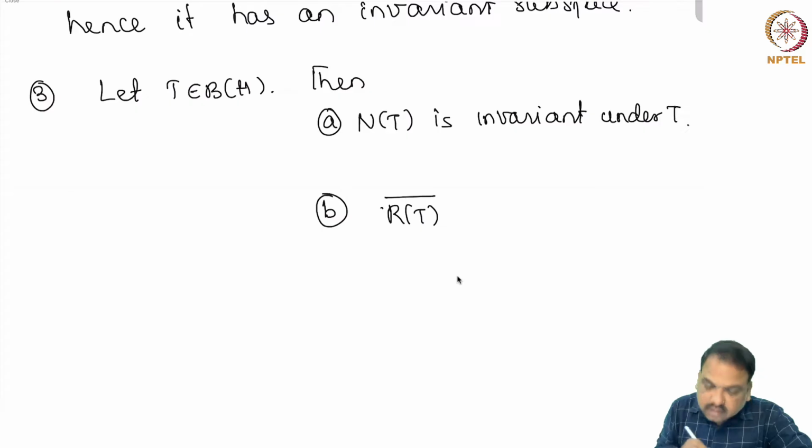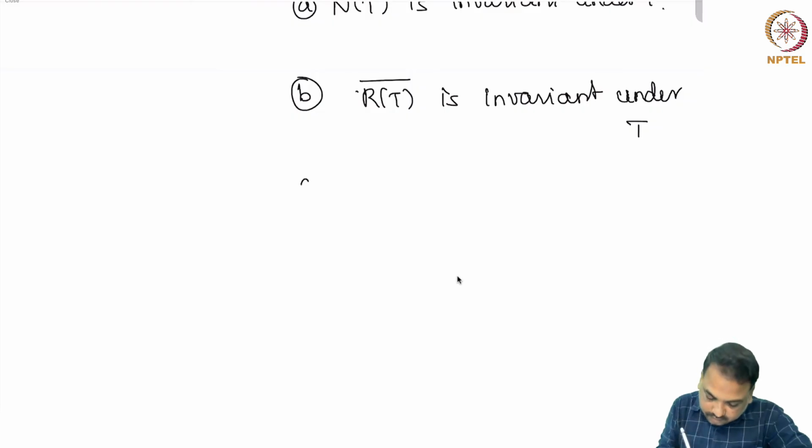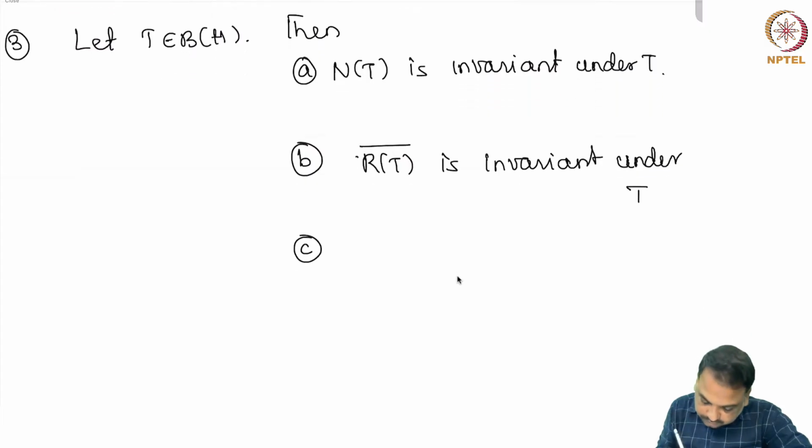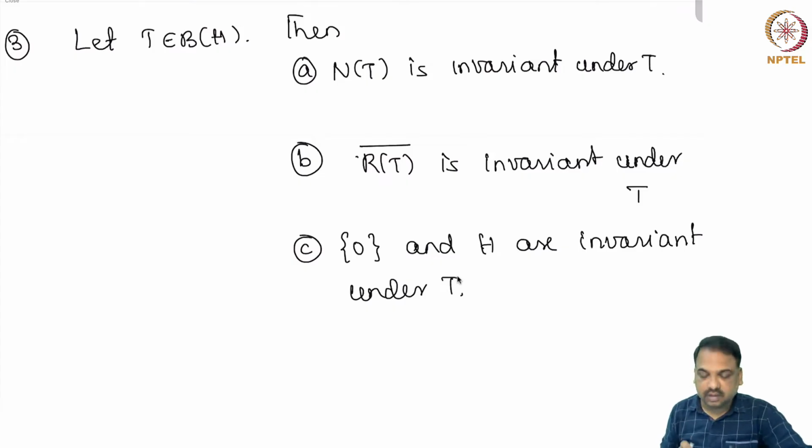So we can take the closure of the range of T, which is invariant under T. We can show that the zero space and the full space H are invariant under T. They are known as trivial invariant subspaces.